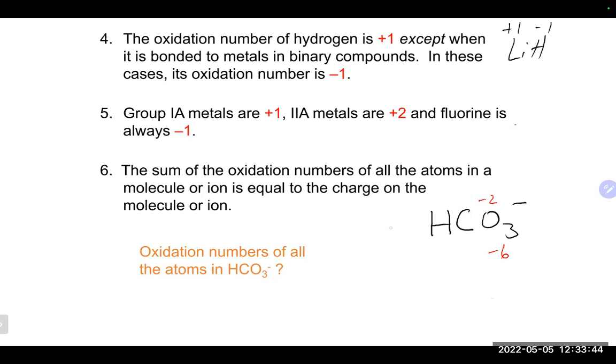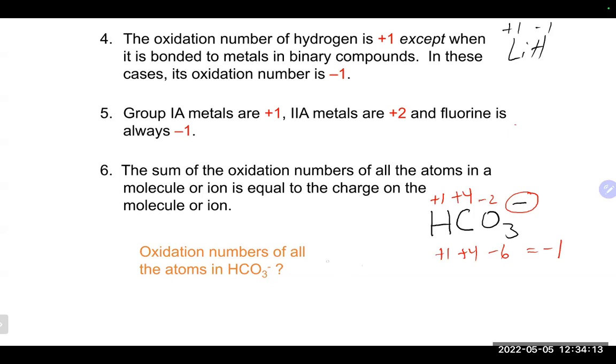Going to the other extreme on the other end is hydrogen, which is +1. So at this point, I have +1 and -6, which is -5. I need to end up with a -1 when it's all said and done, which means the carbon in this case is going to be +4. +1 plus 4 is +5, -6 gives us a -1 left over.